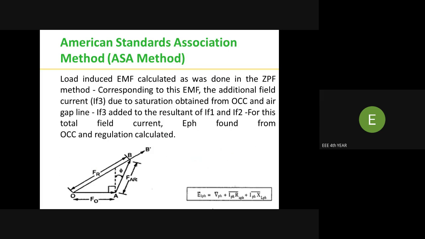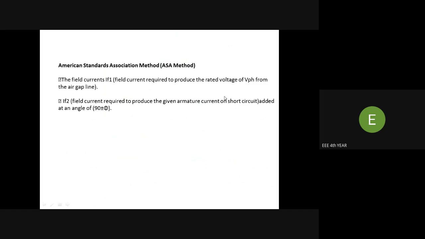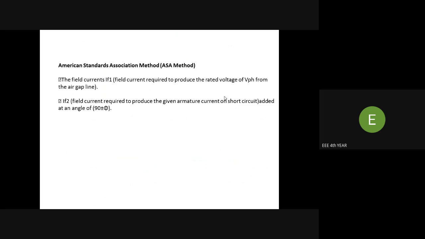So it is the accurate method, since before that, in the three methods, we did not include the additional field drop. In the American Standards Association method, field current IF1 produces the rated voltage, and IF2 produces the given armature current on short circuit, at an angle of 90 plus or minus 5 degrees.